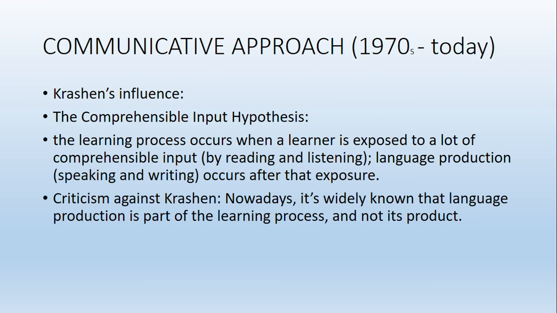So we have to receive a lot of input, and then magically we start to speak. Nowadays we understand that we have to have input, but at the same time we need to practice the language. So language production has to occur at the same time as language input, not after it. So there is a criticism against his idea, but his idea is still used today, the need for input.